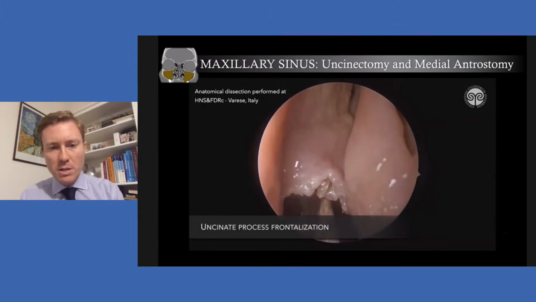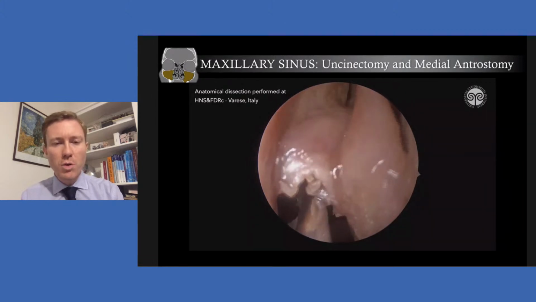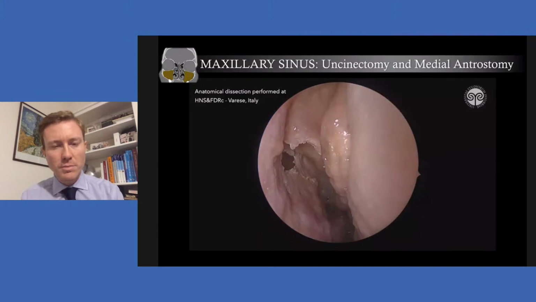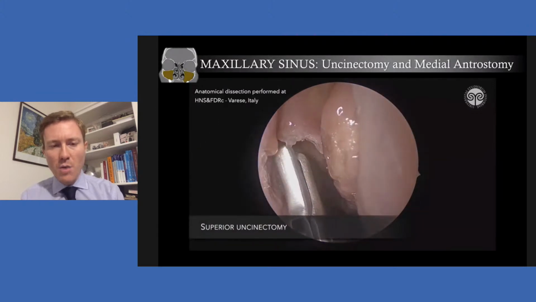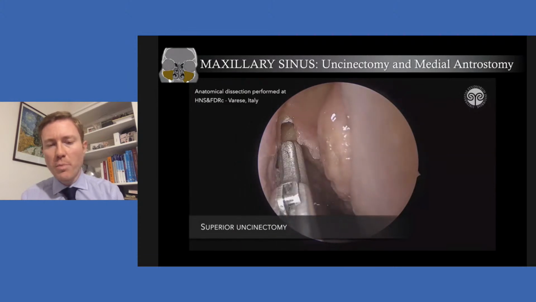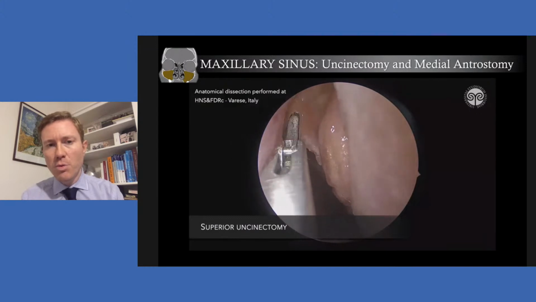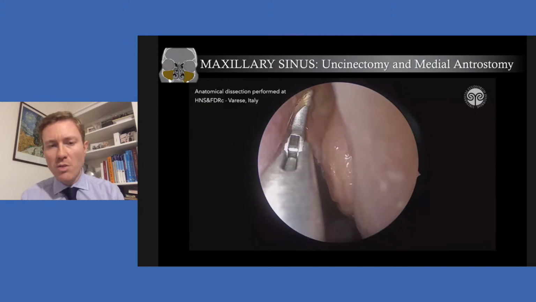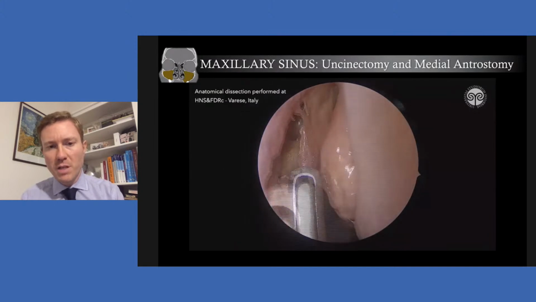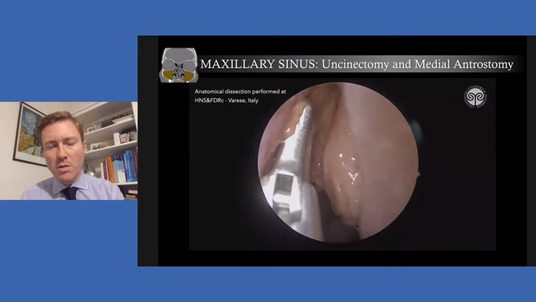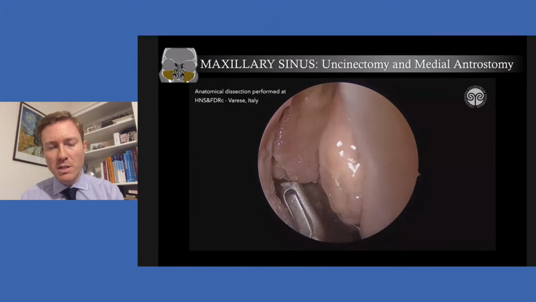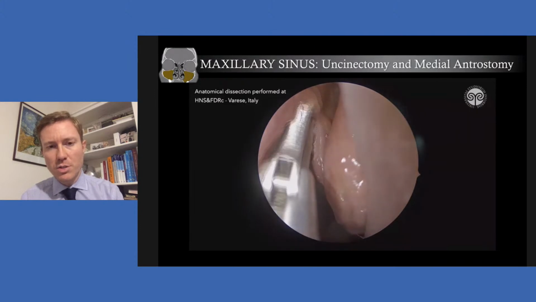After that, we can remove completely the uncinate process. Okay, and we can extend superiorly the uncinectomy. In this way, we completely clean the infundibulum area and we can reach superiorly the axilla of the middle turbinate. You can see this is the uncinate process that has been cut at the level of its anterior insertion.